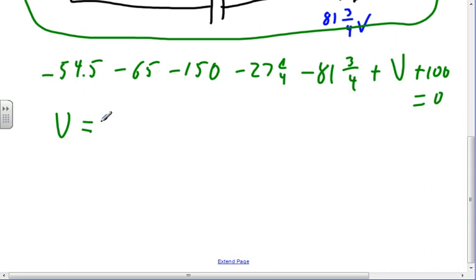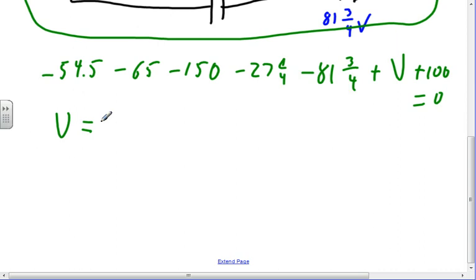54.5, positive 65, positive 150, positive 27 and 1/4, positive 81 and 3/4. Hit the equal sign.